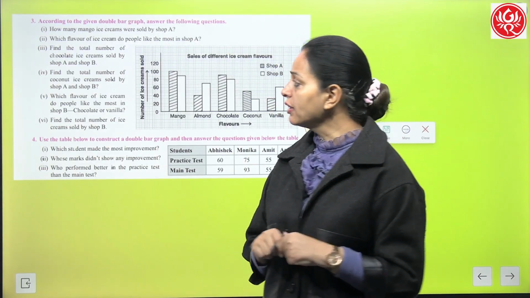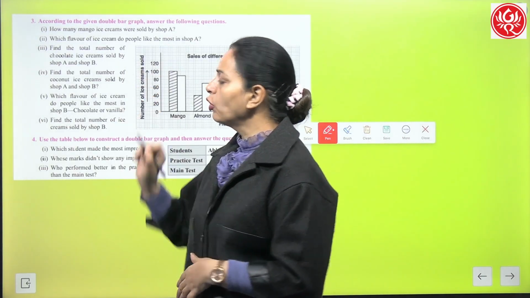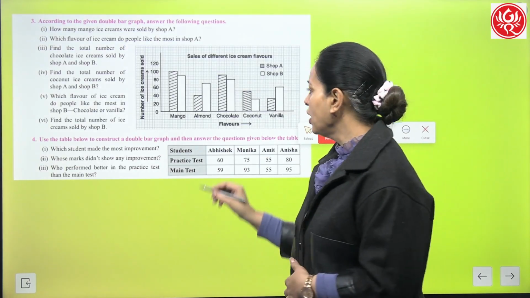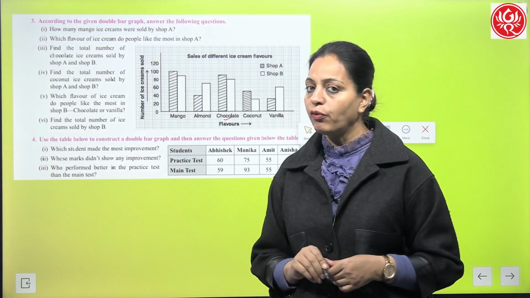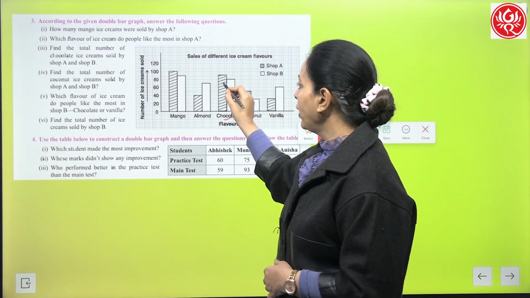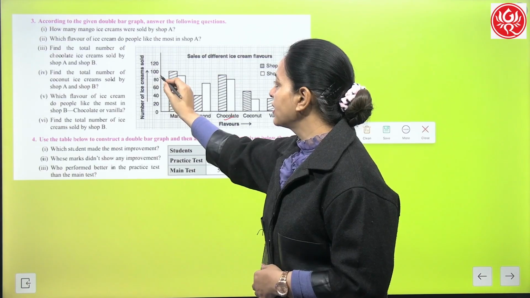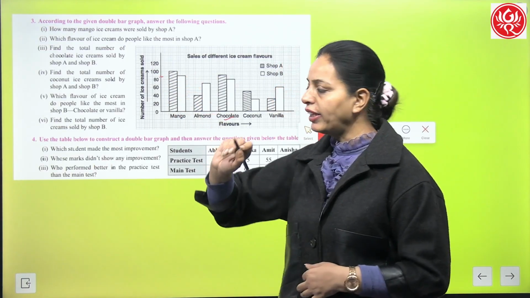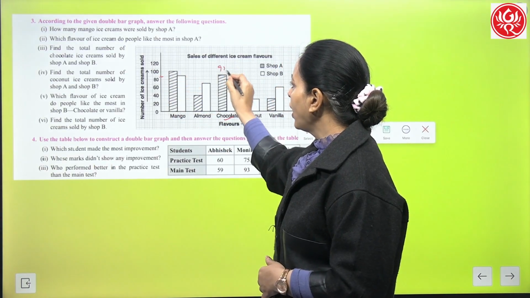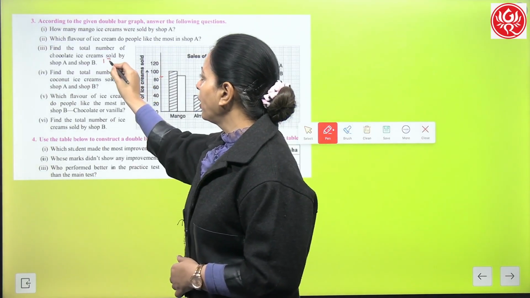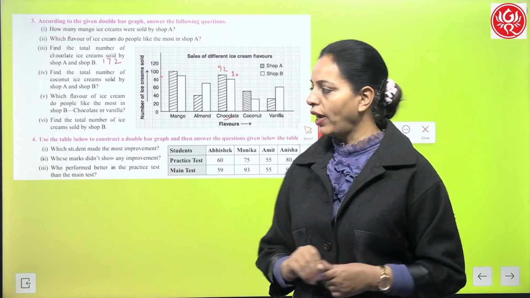Okay. Now see the third part, find the total number of chocolate ice creams sold by shop A and shop B. So see this one, chocolate flavor. By shop A how many? This is 90, and above it this is 92, and this is 80. So total is 172, right?